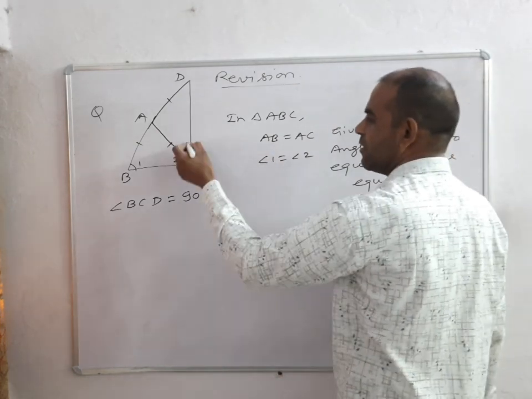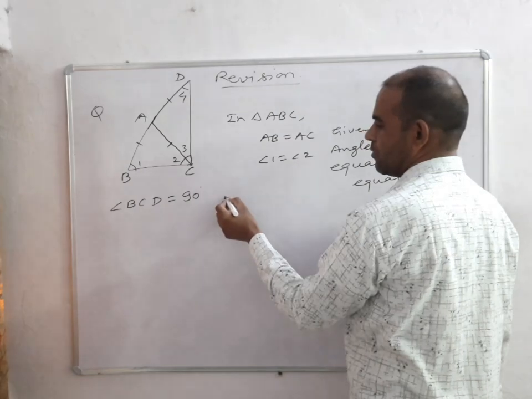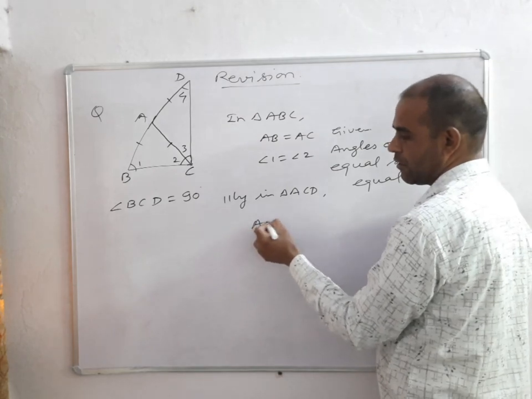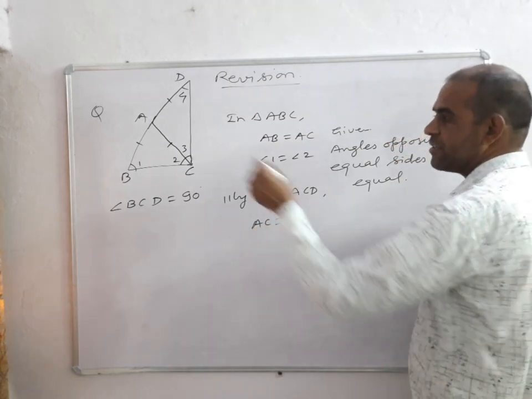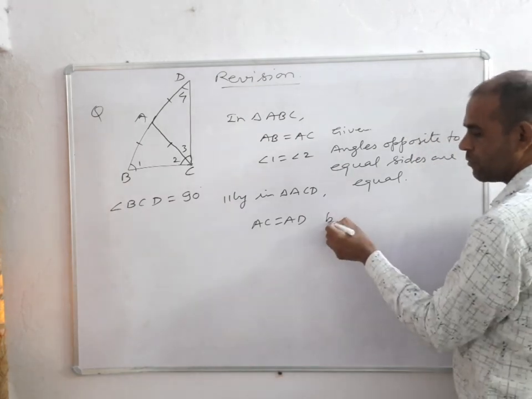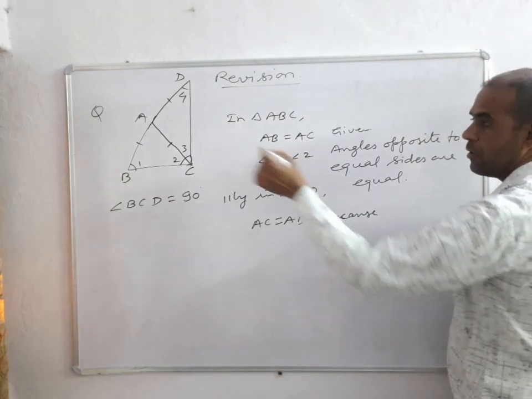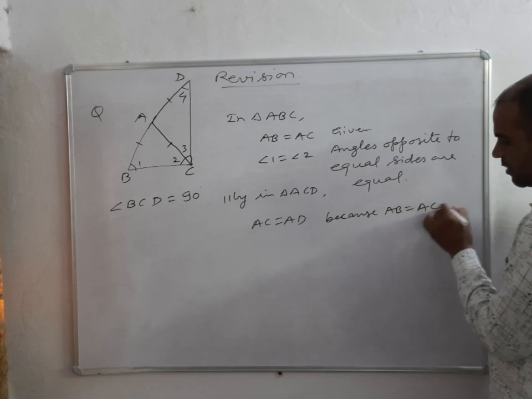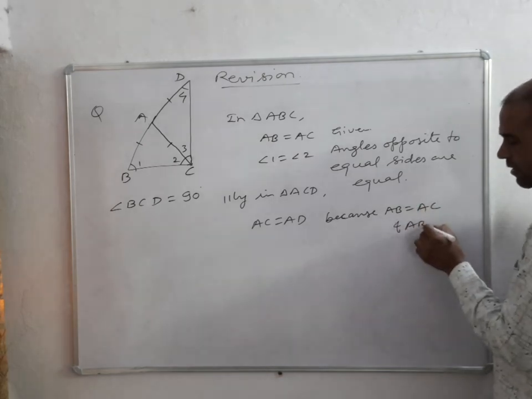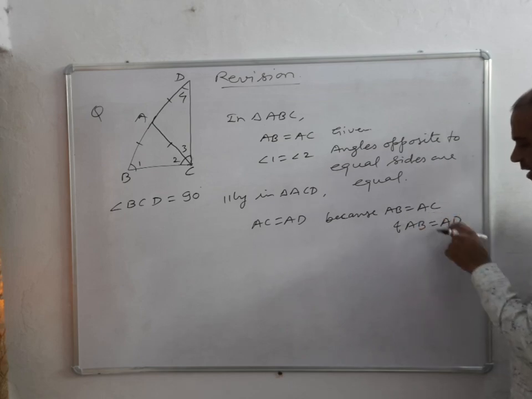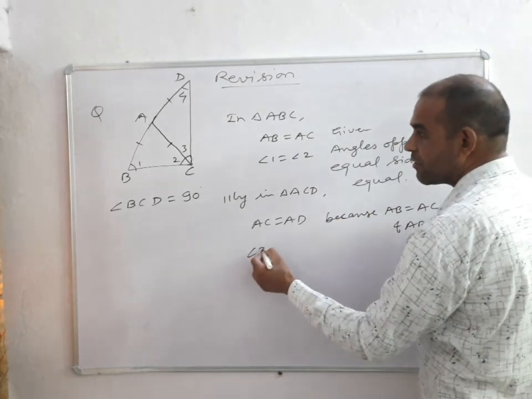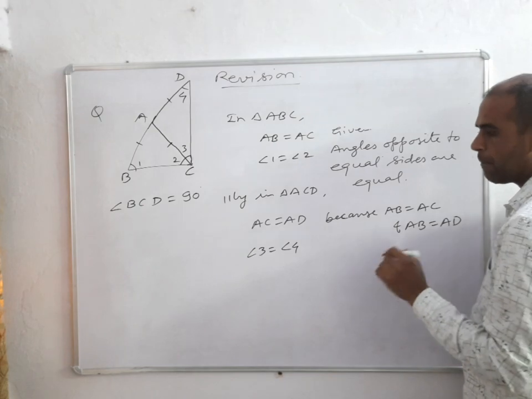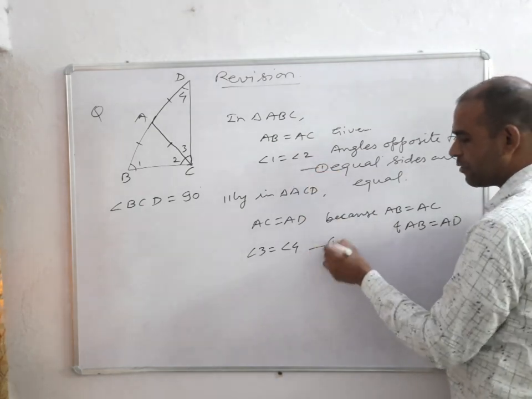Similarly, in this triangle, ये 3 और 4 ले, similarly in triangle ACB, AC equals AD because AB and AC are equal. AB equals AC and AB equals AD. So AB, AC and AD all are equal. So angle 3 equals 4. Reason, angles opposite to equal sides are equal. Same reason. ये इक्वेशन 1 ले लो, इसको सेकंड ले लो.